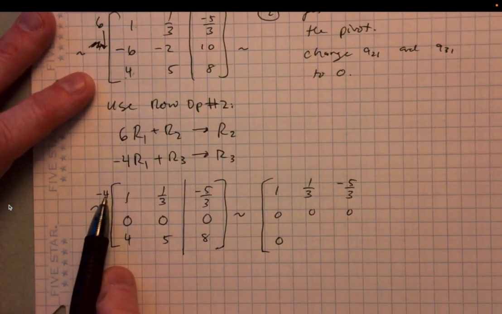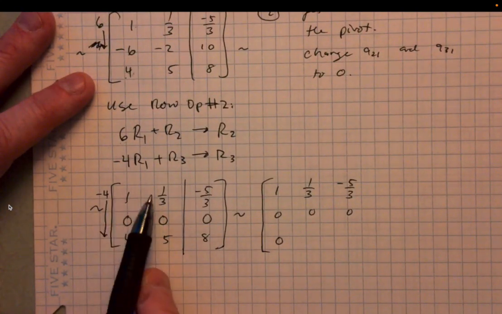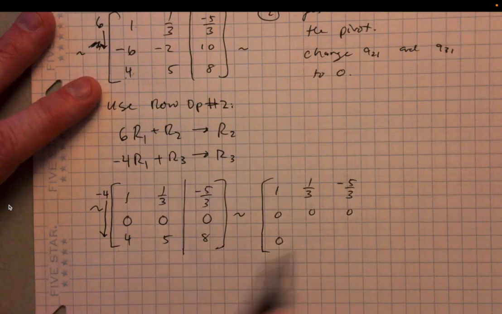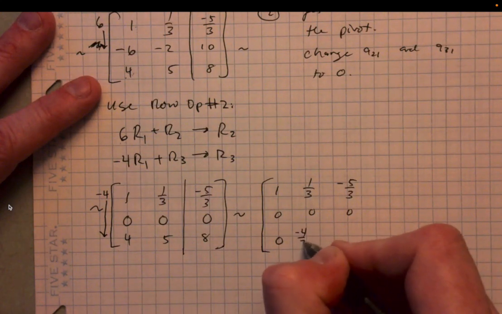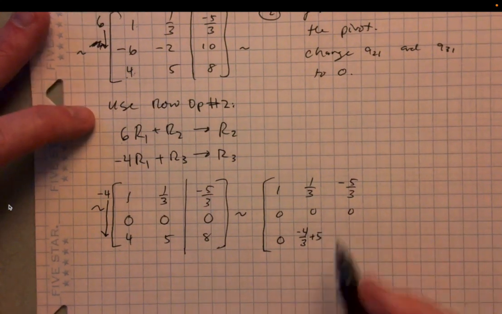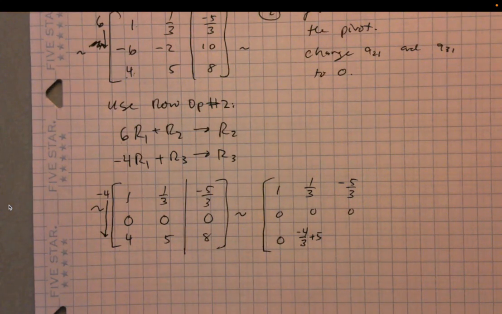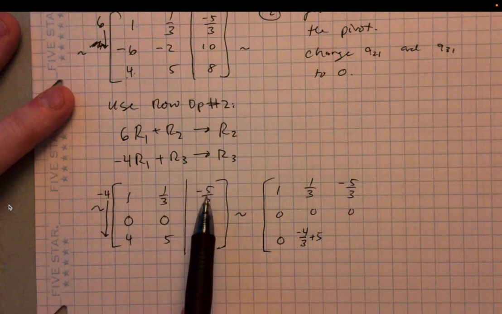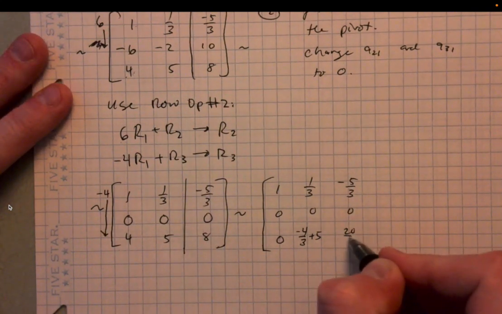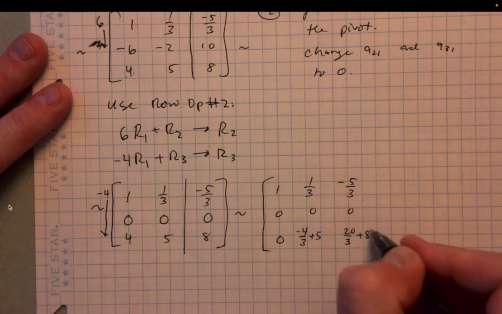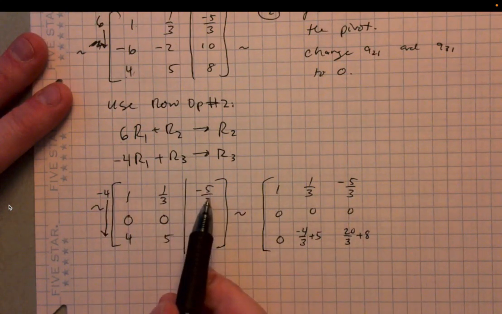Then I've got negative 4 times 1/3 is negative 4/3, plus 5. I'm just going to write that in here, and we'll simplify in a second. If you can't simplify it in your head, just write it into the matrix and come back to it. Then negative 4 times negative 5/3, that's 20 over 3, plus 8.